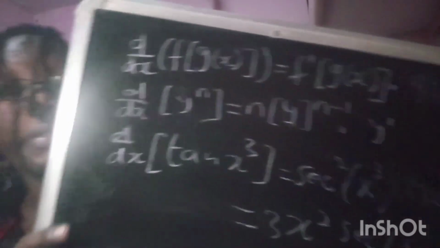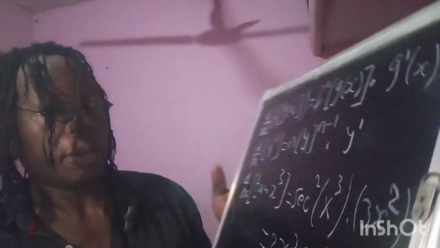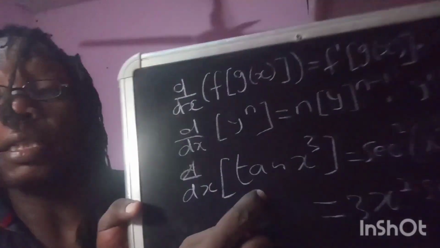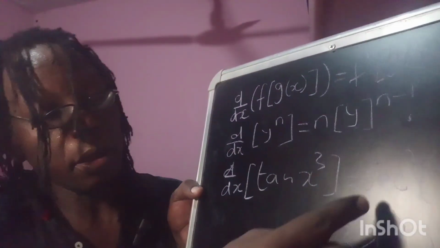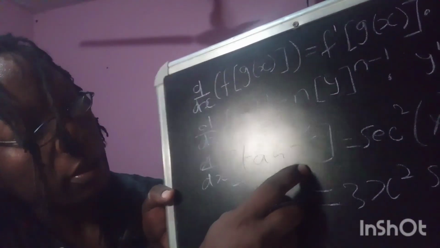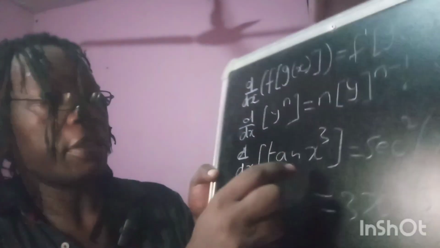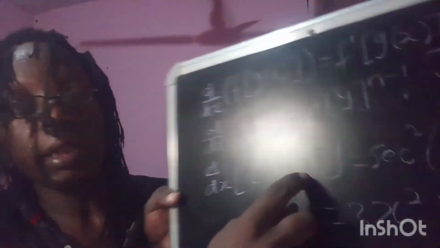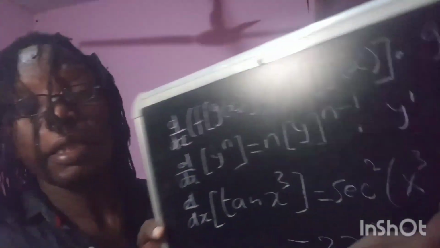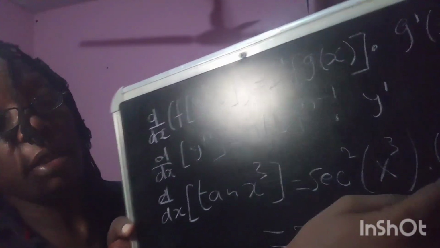But for example, tangent: if you differentiate tangent, it becomes secant squared, and the inside remains the same. Then you differentiate the inside according to the formula given up here. When you differentiate it, it becomes 3x squared.